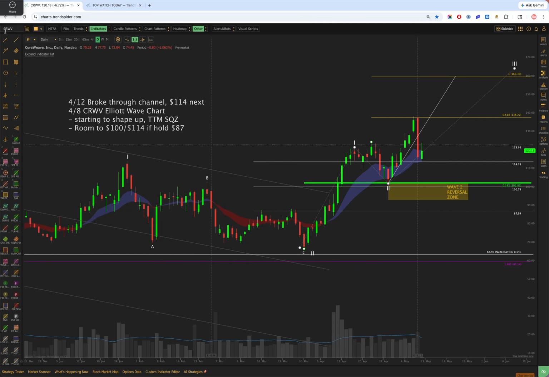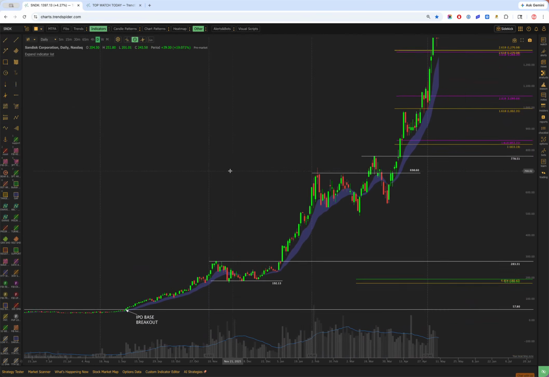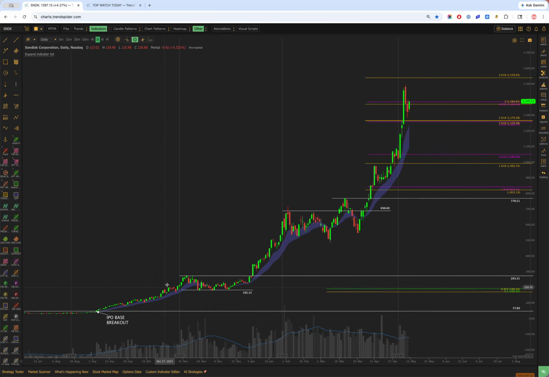How do you find a SanDisk? Well, you know that there is a need for memory, right? Here's your first high tight flag right here. High tight flag, flag consolidation, you buy the break. Here's your second high tight flag, flag consolidation, you buy the break. Here's a third one, and here potentially is a fourth one.